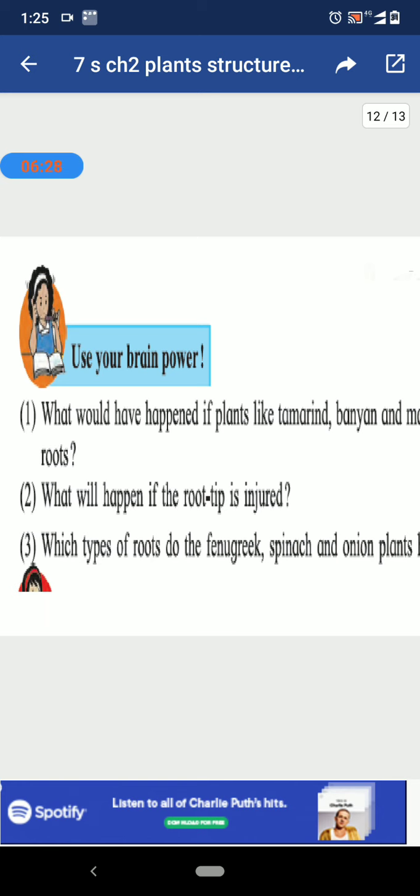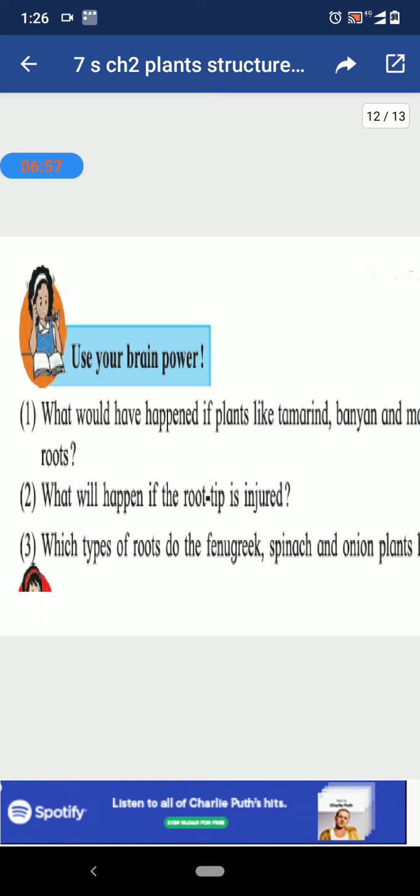Okay, they need a firm support. For that reason, they contain the taproot, which will penetrate deep into the soil. Even their secondary roots penetrate into the soil and provide firm support to them. If they had a fibrous root, the tree would be uprooted and fall down, because we have seen that fibrous roots are delicate, they are small in size, and they do not penetrate deep into the soil.